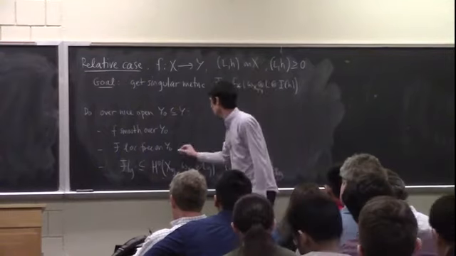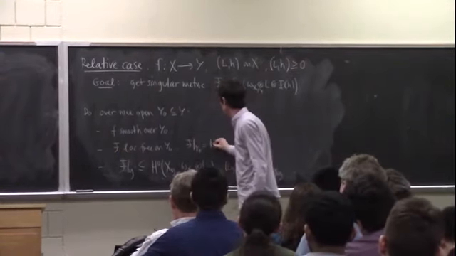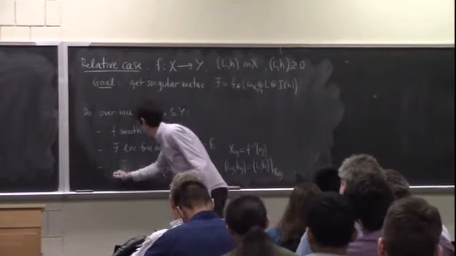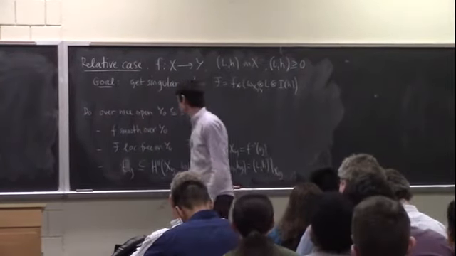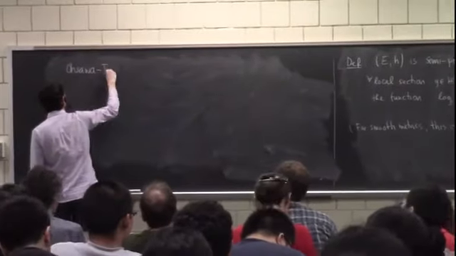So maybe, again, let me write f restricted to this. Since this is locally free, I'll just write it as a vector bundle E, and I'll call this E_y, the fiber of the bundle. So the first observation is that I have a bit of information about this E_y. This is where I start using Ohsawa-Takegoshi.